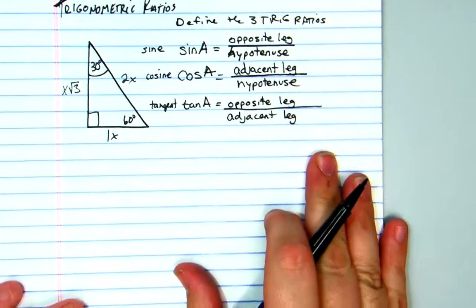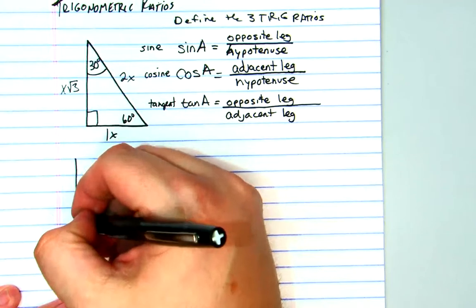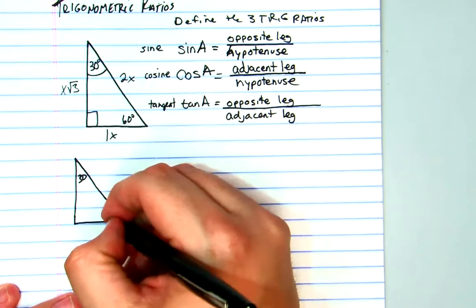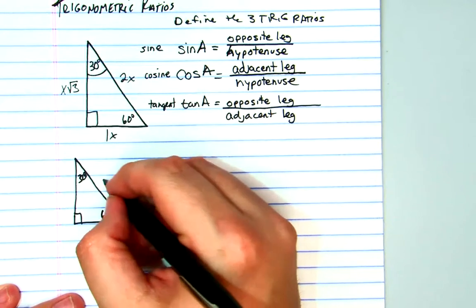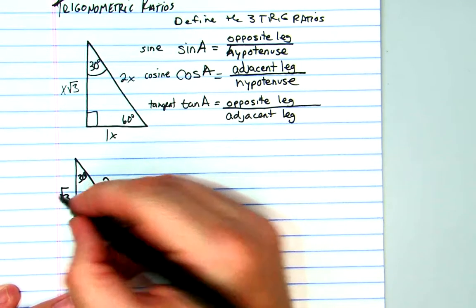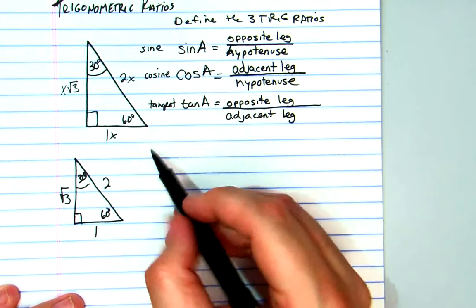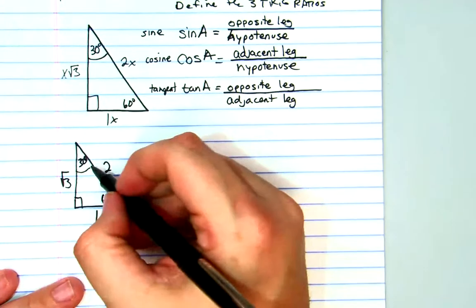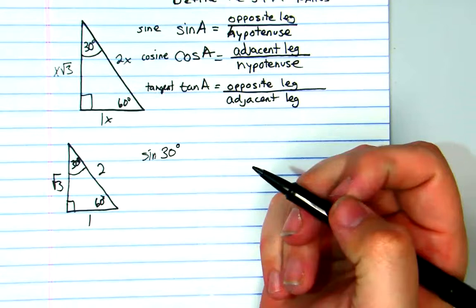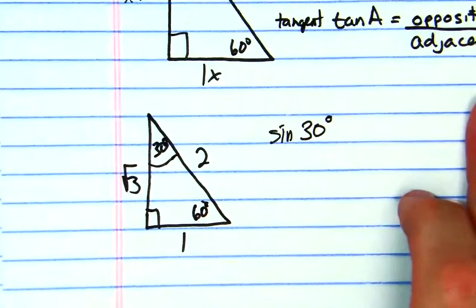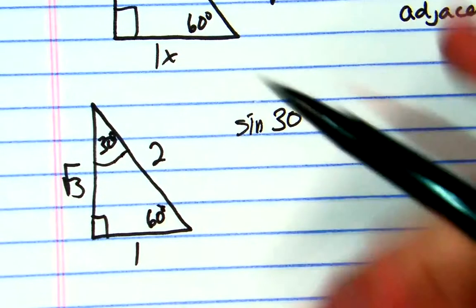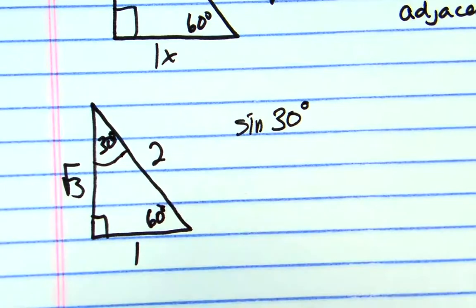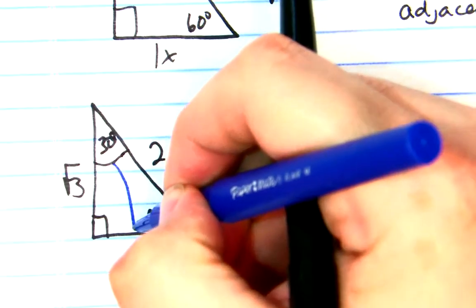So now, if I take just the basic 30, 60, 90 triangle, that's 30, that's 60 degrees, that's 90, and that's 2, 1, square root of 3. If I take the sine of 30 degrees, I'll zoom in so we can take a look. For the angle 30 degrees, the opposite side is the side that's farthest away.